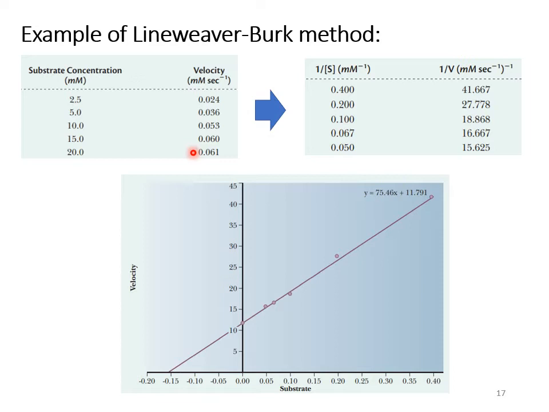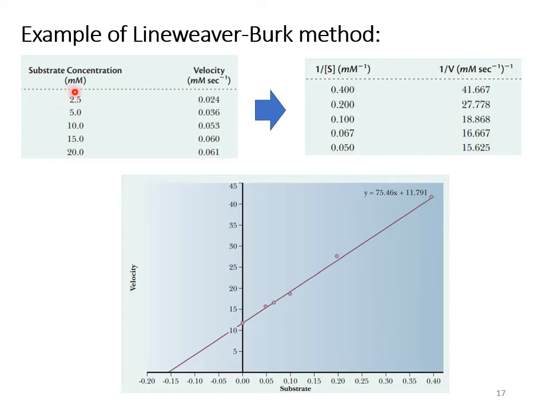When we talked about the Lineweaver-Burk method, we said it was a double reciprocal. So the first thing that you would do is take the reciprocal of each of your columns. Remember, the reciprocal of substrate concentration is simply 1 over substrate concentration.